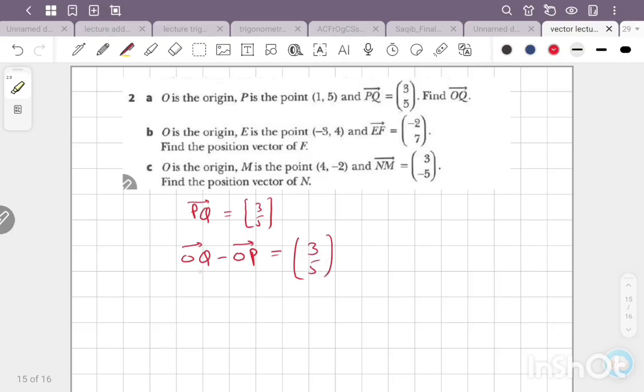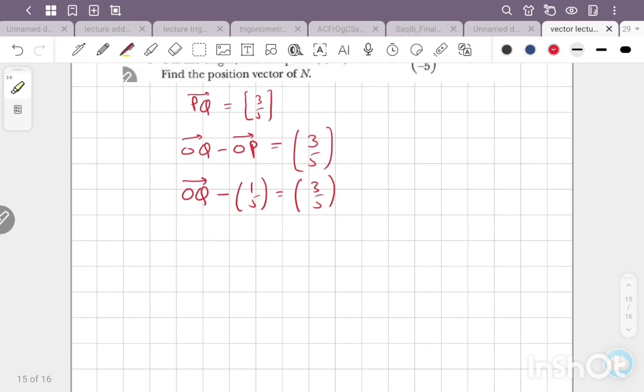Now what's the value of OQ? Actually we have to find the value of OQ. We write it same as it is, minus OP. What is the OP value? It is (1, 5). So OQ minus (1, 5) equals (3, 5). Now moving forward, OQ equals (3, 5) plus (1, 5), because on the other side it will be plus.